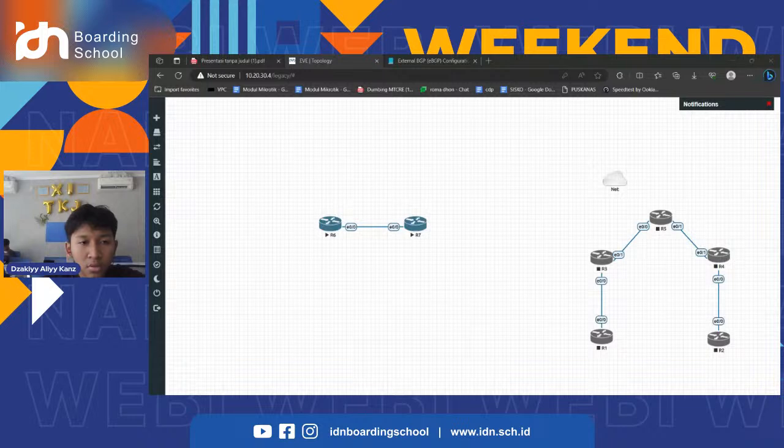Router BGP 2, then neighbor 10.10.10.1, which is the IP address of router 6, and then remote AS 1, which is the AS of router 6. Okay, it will give some output about the new adjacency from the routing protocol BGP. Okay, this is the output showing we have successfully established the new connection with the BGP router.